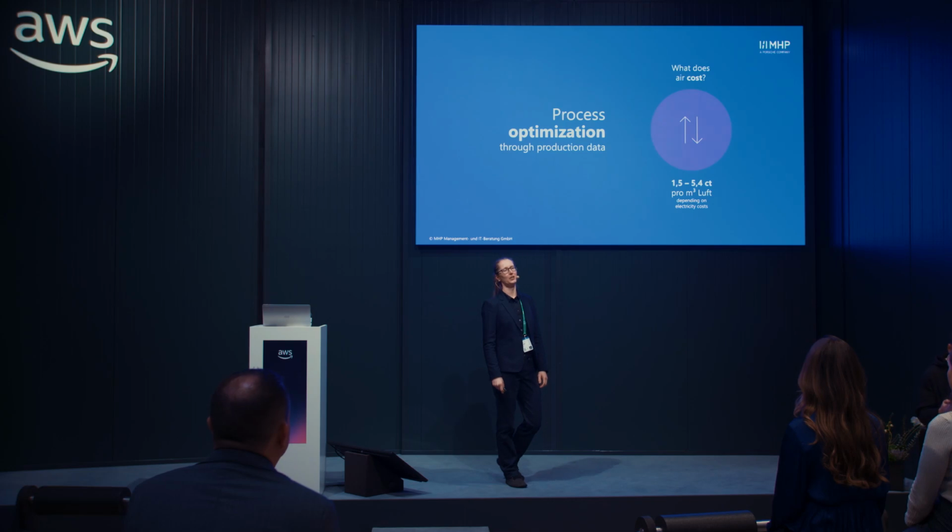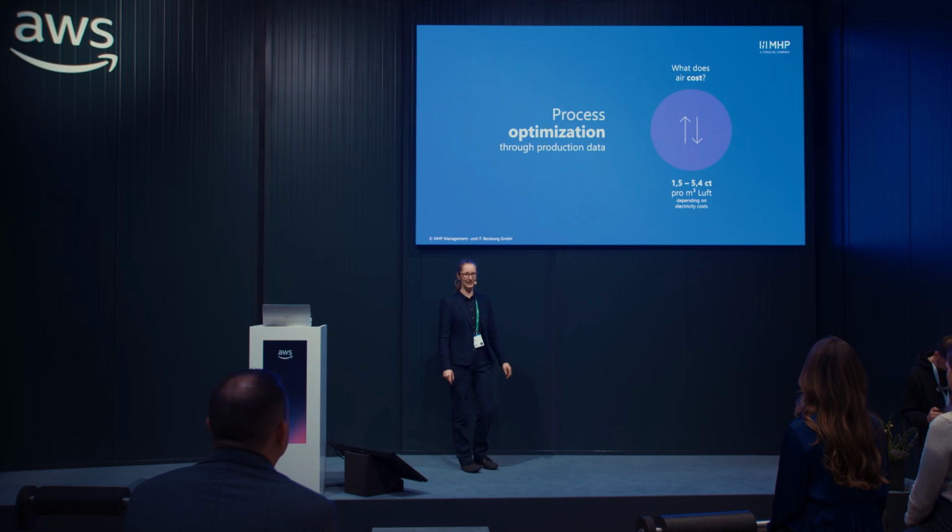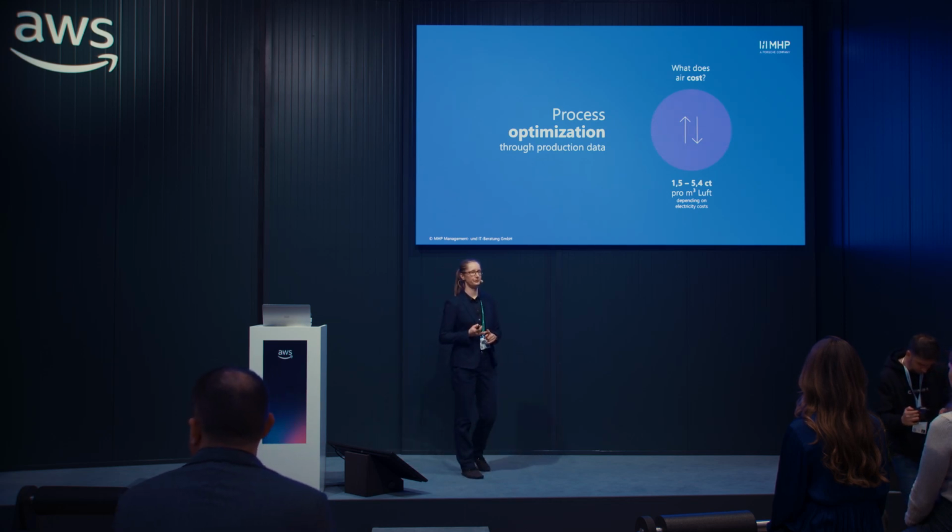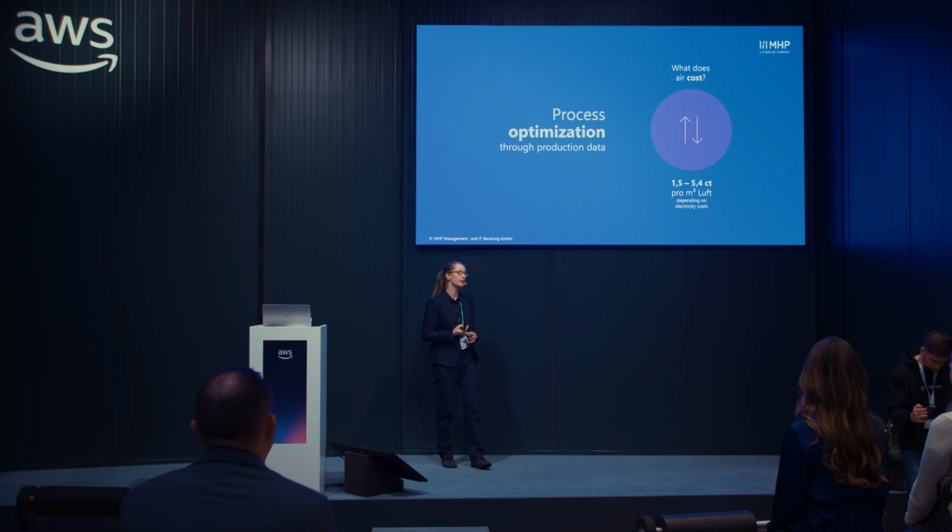What does air cost? It's no easy question, because compressed air is actually a highly expensive form of energy, but it's widely used in different factories and different industries. It is used, for example, for cleaning workpieces, for powering pneumatic drives, for enabling cooling, or for optimizing processes.